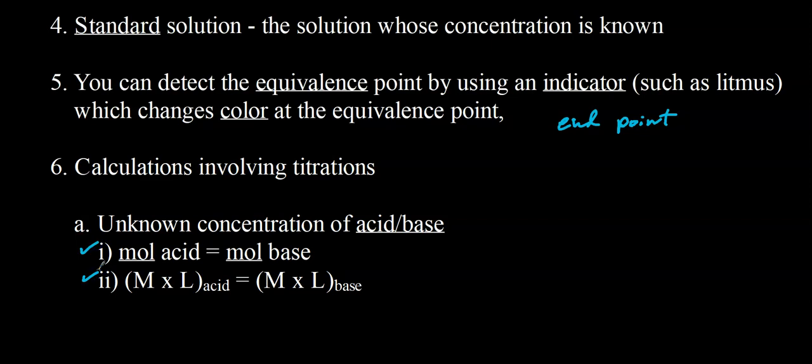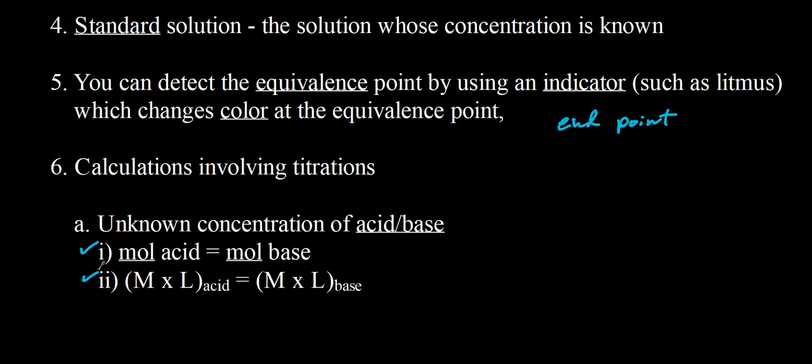So make sure you're aware of that. So we're talking about a situation where you have, say, a monoprotic acid and a group 1 hydroxide, such as our first example, nitric acid and potassium hydroxide. They're going to react in a 1-to-1 ratio. And at the equivalence point, moles of the acid equals moles of the base.